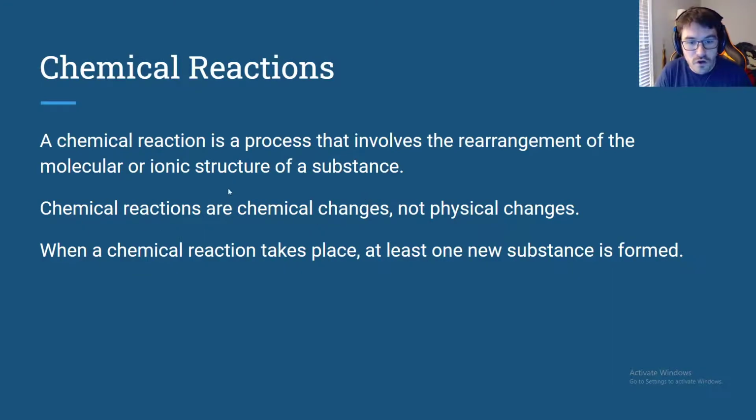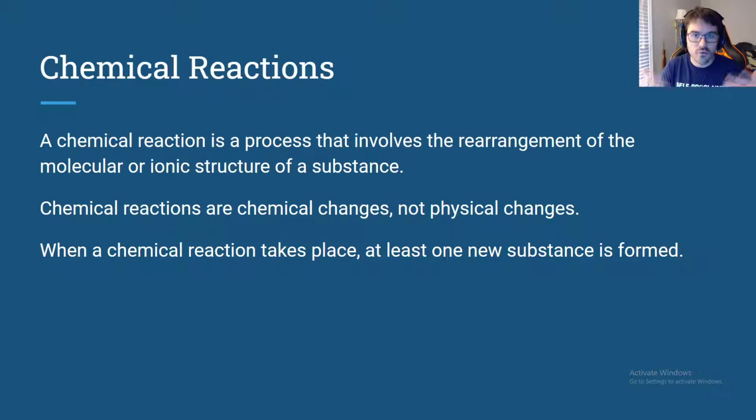Chemical reactions are chemical changes. So if you remember us talking about physical versus chemical changes way back earlier in the year, chemical changes are chemical reactions. Those 2 terms are synonymous. Physical changes, things like boiling and melting, those are not chemical reactions because the substances aren't changing into new things, right? When ice melts, it's going from solid to liquid. When water boils, it's going from liquid to gas.